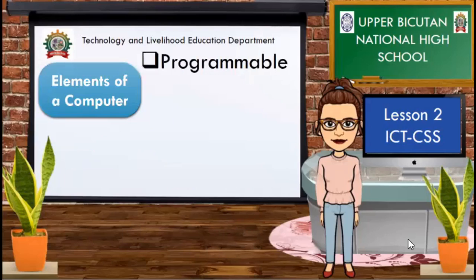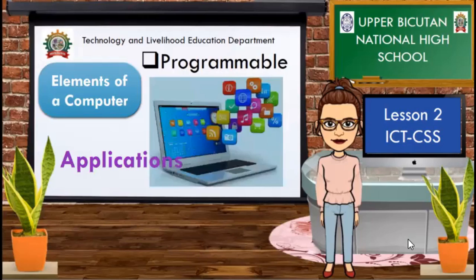Next one, we have programmable. Computers can be given instructions apart from the initial firmware or software installed in our computer. A computer user may develop or use applications and run them using a computer.